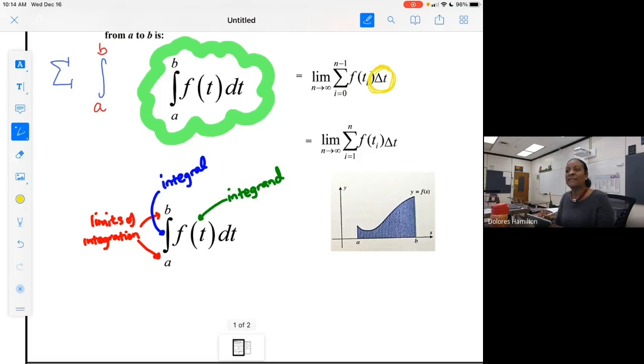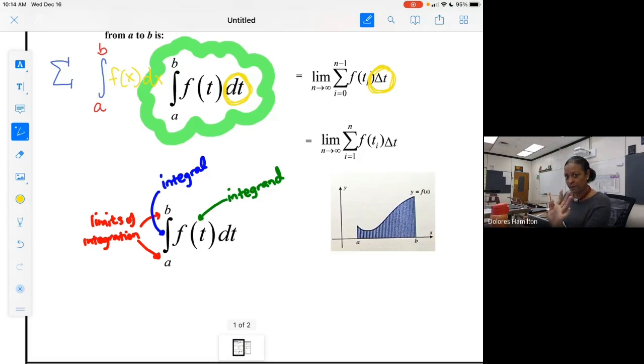Lastly, this delta x, or delta t, is being replaced now with just dt, or dx. Sorry, I've been saying f of x. That still tells us what the independent variable is. That dt is still saying for every small change in t.